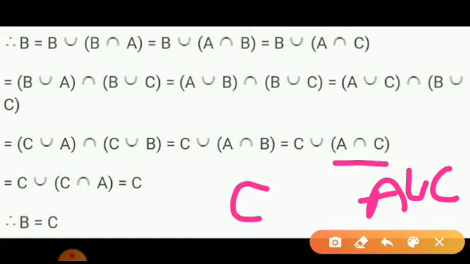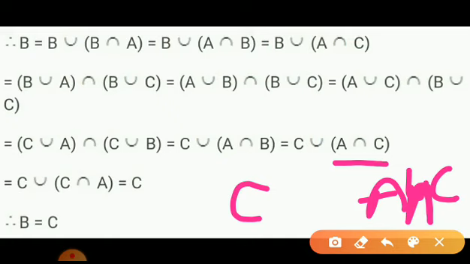But A intersection B was the same as A intersection C. Now C and A intersection C, with union. Which set will always be the bigger set? Intersection is always smaller. C is the bigger. So union gives only the bigger set.